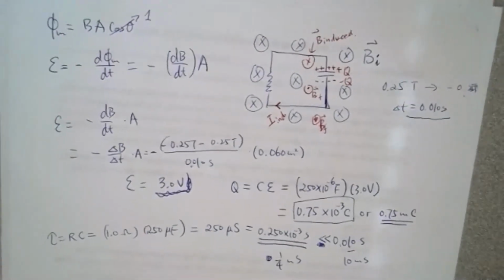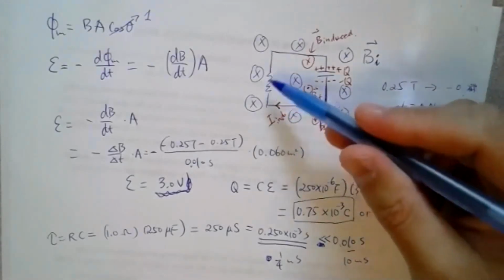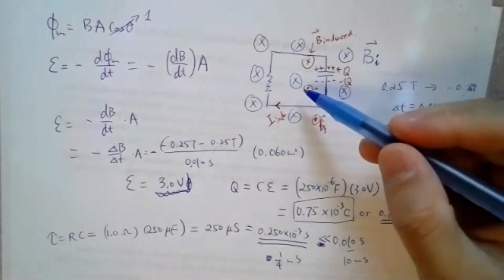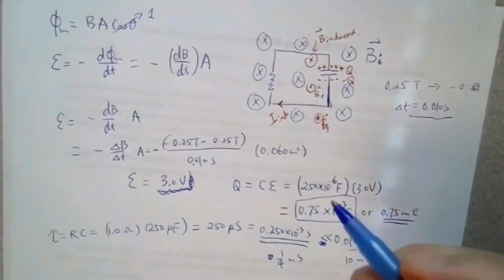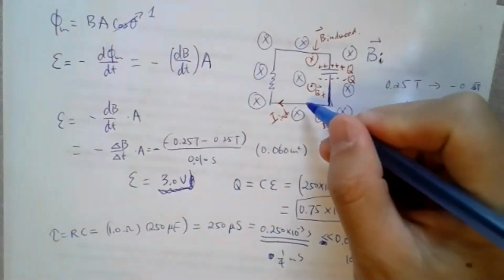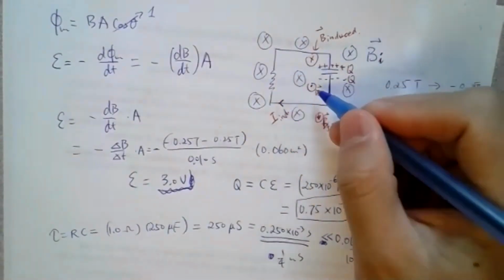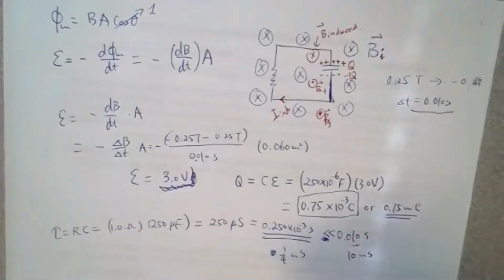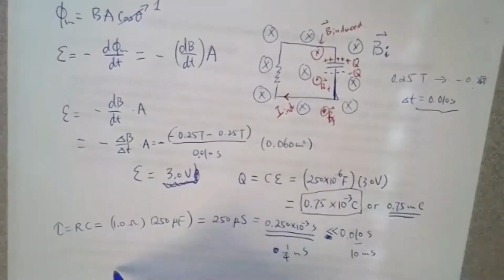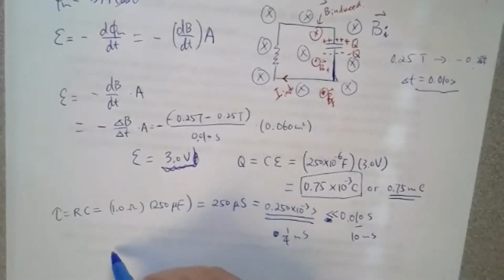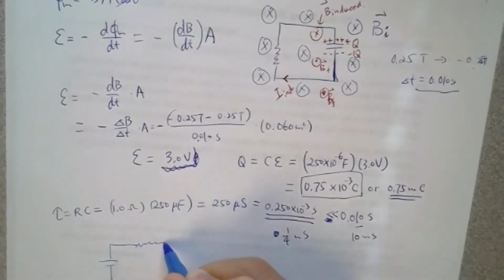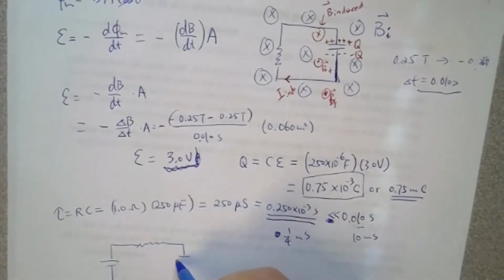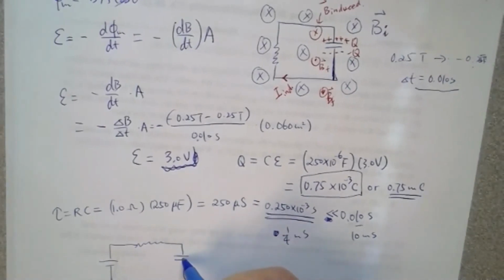And in that case, because you have an induced current here, this is equivalent to an induced EMF, or you can imagine there's a power supply over here to supply that. So the circuit can be simulated as a power supply, then a resistor, and then the capacitor, 2 plates.